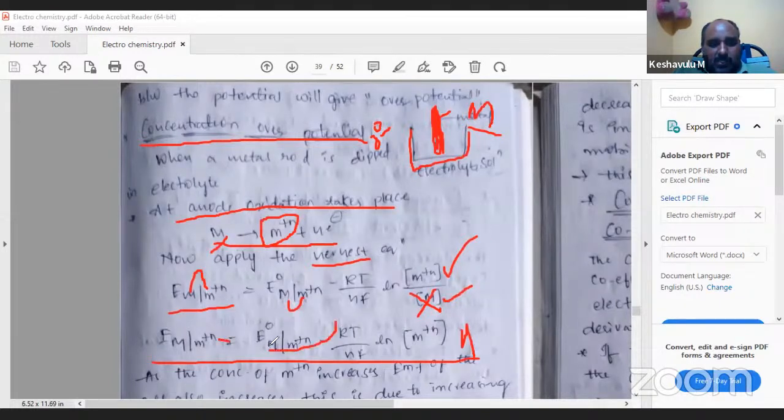Just see, this E cell is directly proportional to the concentration of M^n+.